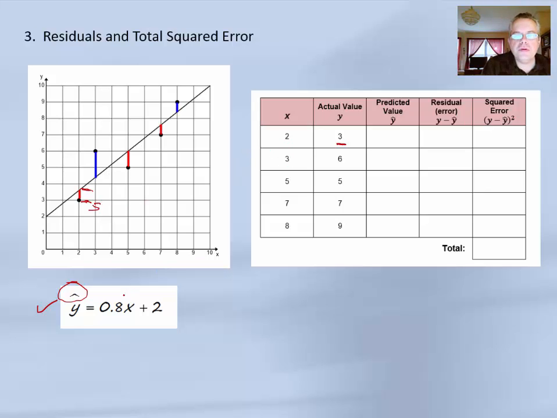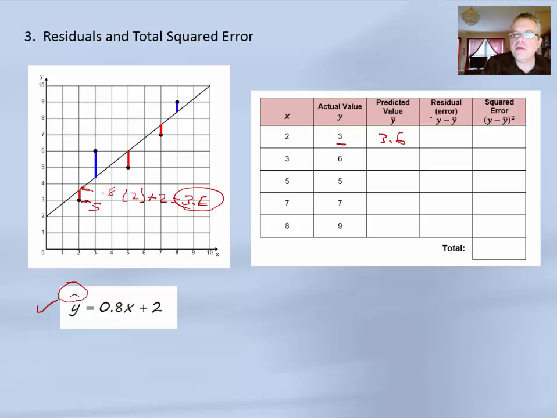Now, if I plug 2 into the equation, I get 3.6. Where did that come from? Well, I did 0.8 times 2, because that's what x is, plus 2. When I do 0.8 times 2 plus 2, I get 3.6. So my estimate is too big. My estimate is greater than the actual value.